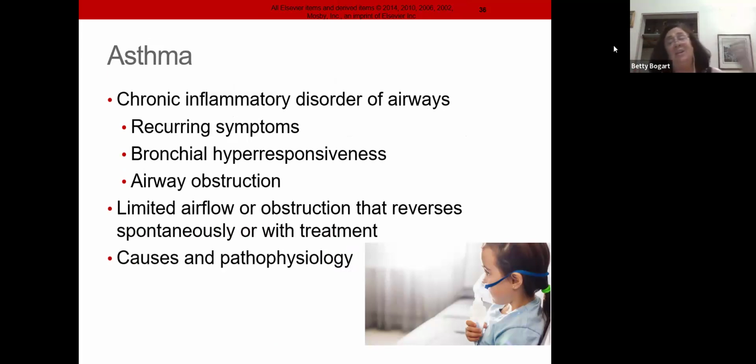This is not inspiratory stridor of the upper airway. You need to remember that. Upper airway is inspiratory. Asthma, lower, is expiratory, prolonged expiration, because trying to get the air out is just very hard, okay?